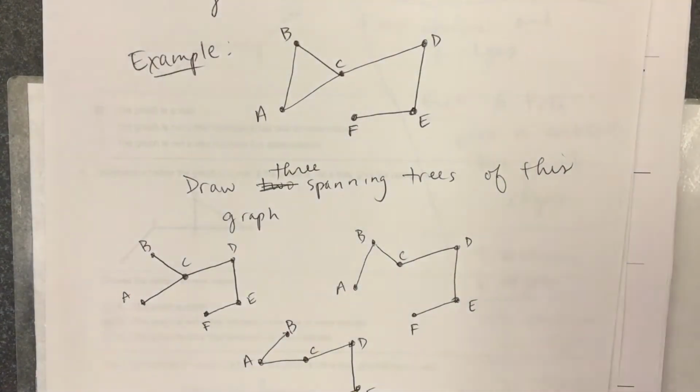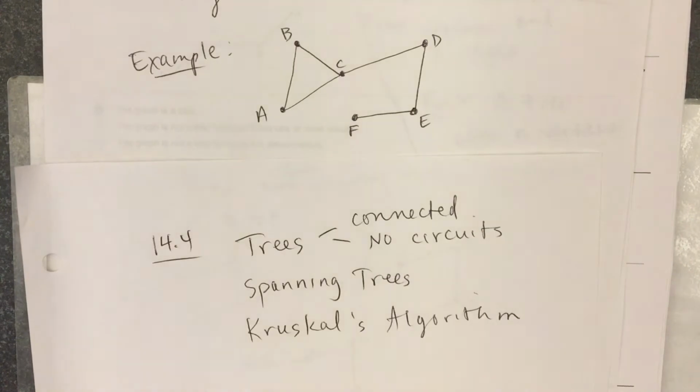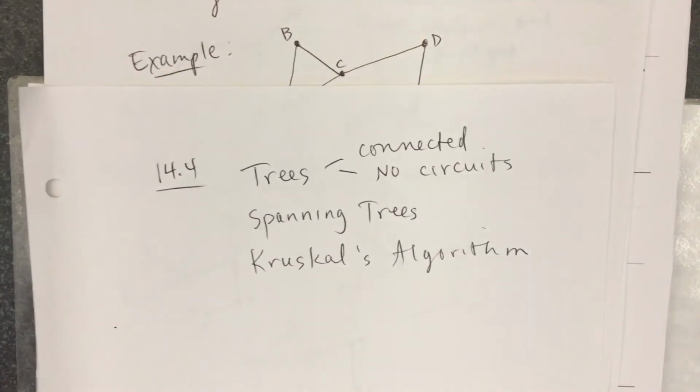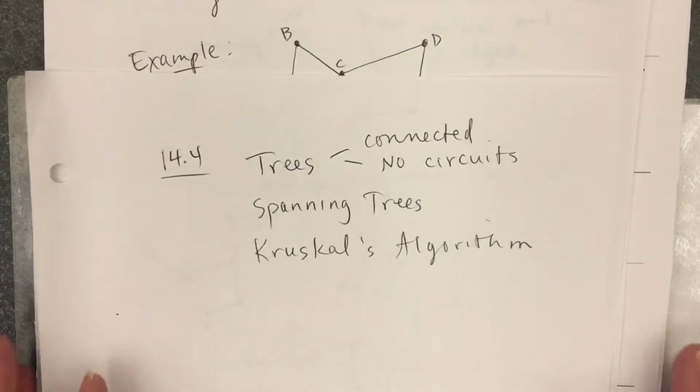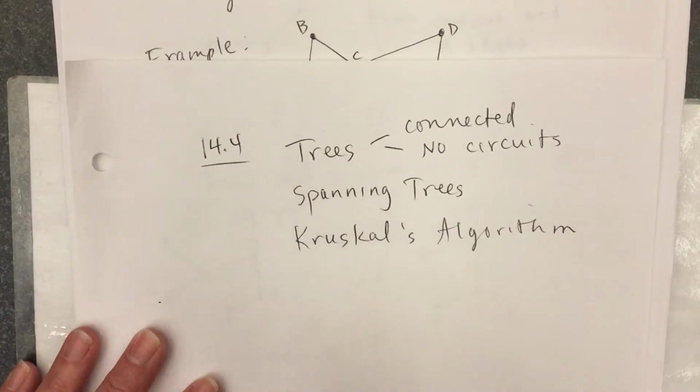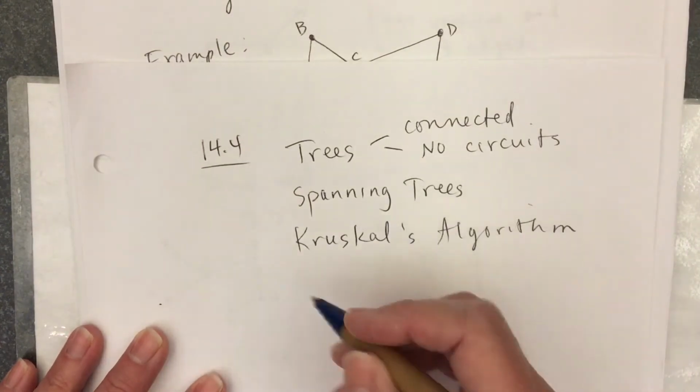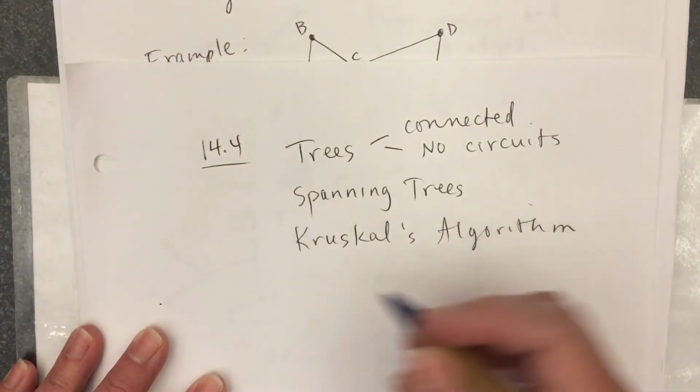The last topic is Kruskal's algorithm. And Kruskal's algorithm is a method to find a minimum cost spanning tree of a graph that you're given. I'll go ahead and write that.